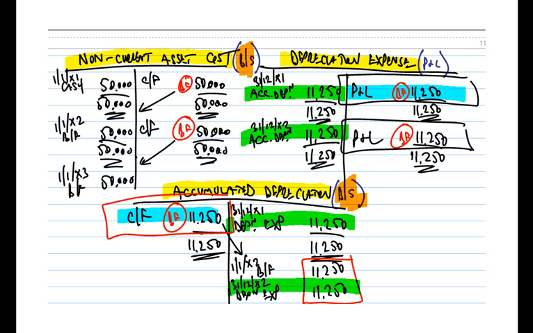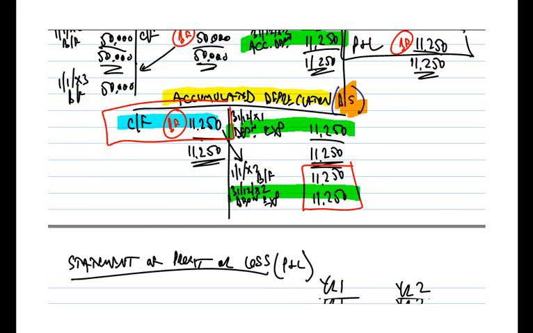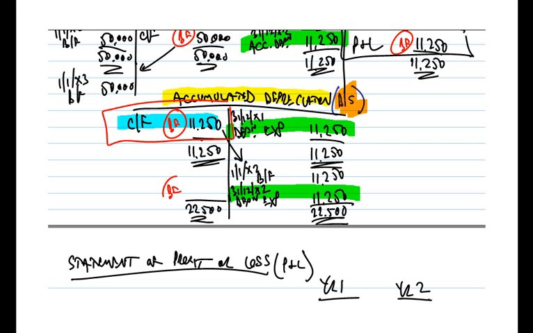Because the T account gets cleared off to nil each year, you're only ever going to have the single year's charge. Whereas if you then balance off the accumulated depreciation, we've actually now got 2 years' worth there. We already had 11,250. We've just posted a second 11,250. So I now need 22,500 in my two totals, giving me a balancing figure of 22,500.